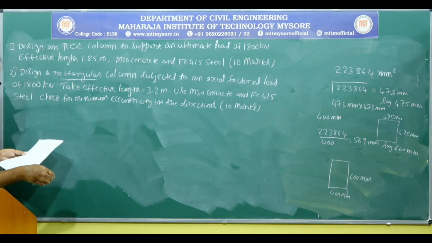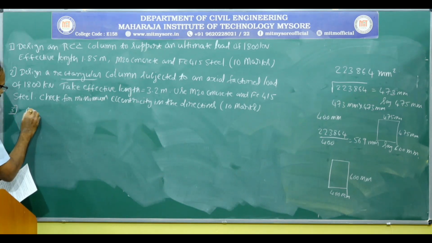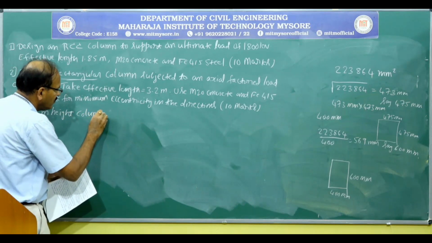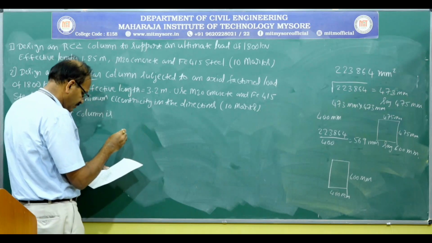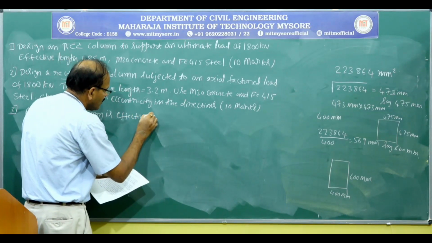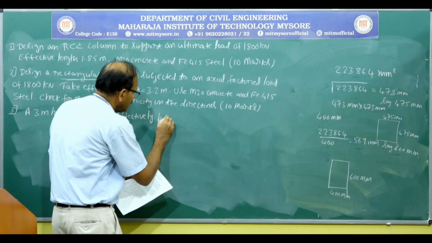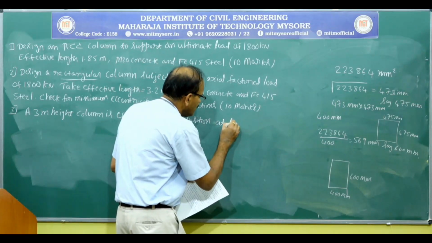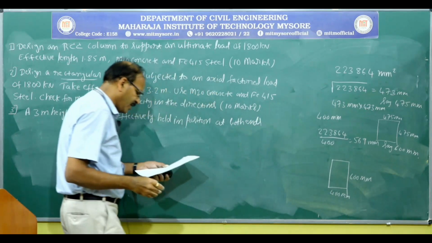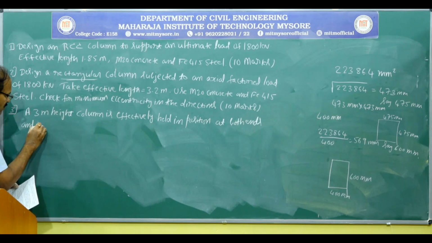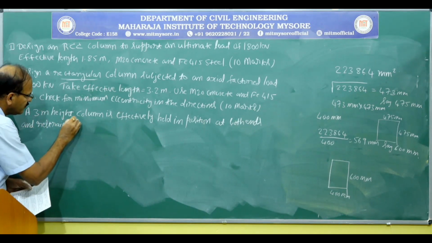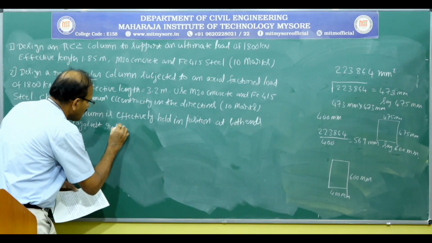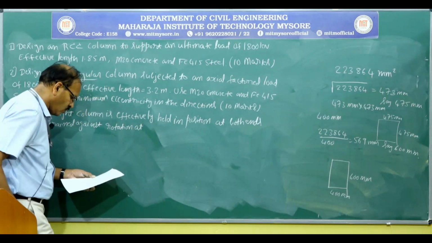So let us write down the next problem. A 3-meter height column is effectively held in position at both ends and restrained against rotation at one end.